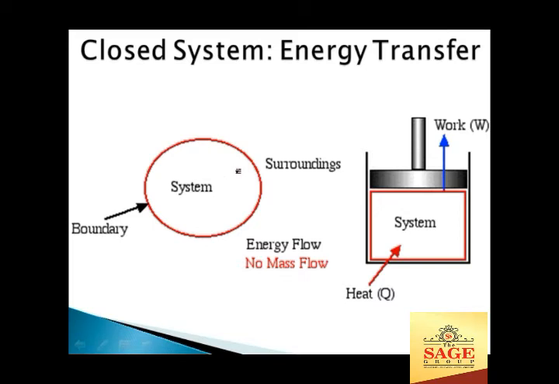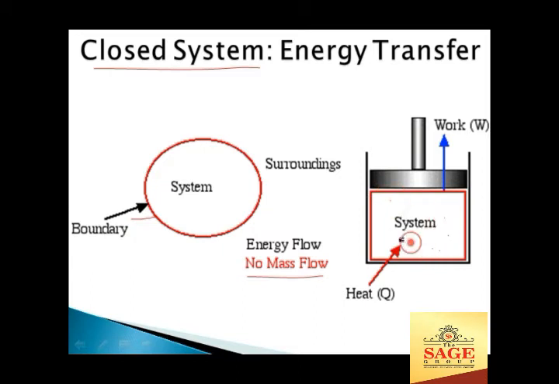Now for the closed system, suppose this is the system and this is the boundary. In this case again there is no mass flow. We can take one example of that. Suppose this is a cylinder, and this cylinder is containing some gas.